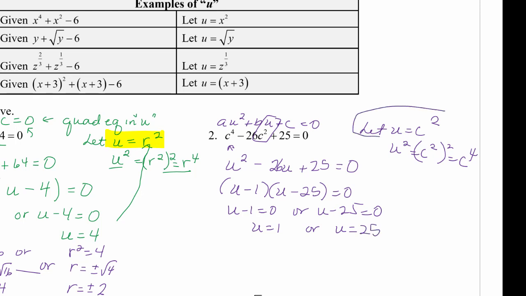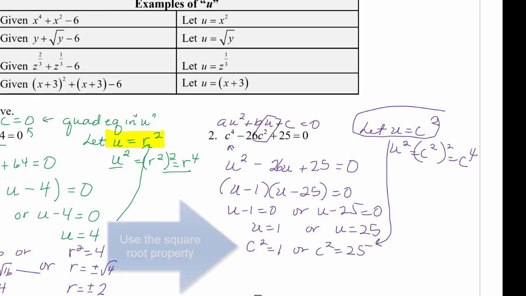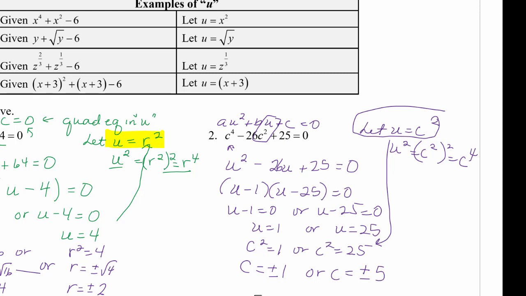So come back up here and substitute c squared equals 1, or c squared equals 25. And square root property for both of these. So c equals plus or minus square root of 1, which is 1, or c equals plus or minus square root of 25, which is 5. So 4 solutions: -1, 1, -5, and 5.